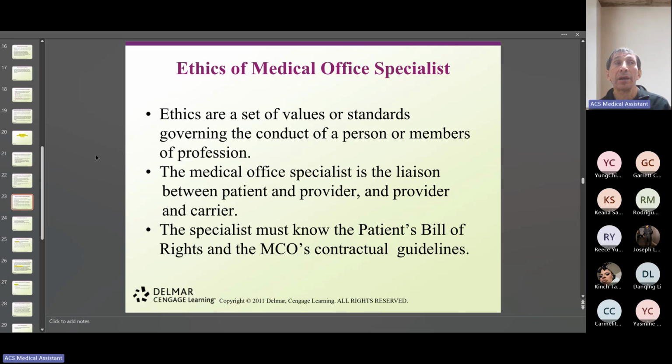Remember, you should not discriminate against your patients based on any circumstances: race, religion, politics, gender, physical or mental disabilities, sexual orientation. You can't do that. Whether the patient has insurance or not, if it is an emergency, we cannot deny services. So that's part of the ethics.